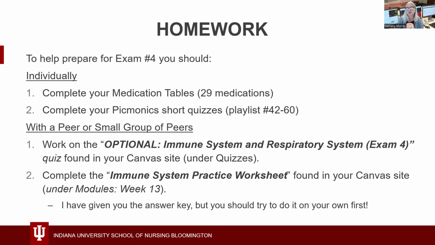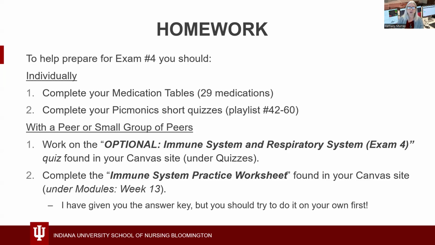The other thing is I've given you a little worksheet. It's kind of a fill in the blank and another way of looking at this. You can print that out on paper and do that. I've given you both the immune system practice worksheet, and I've given you the answer key. But, you know, you really won't learn if you print the answer key out in advance.